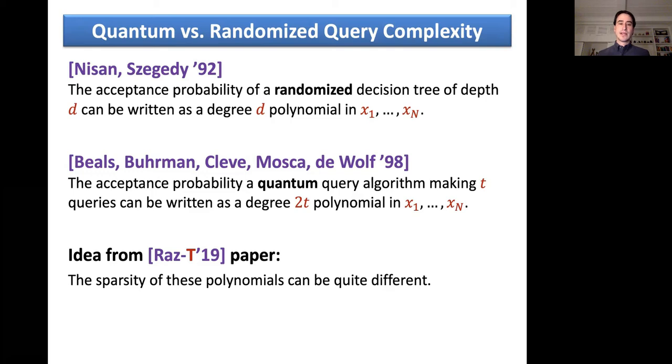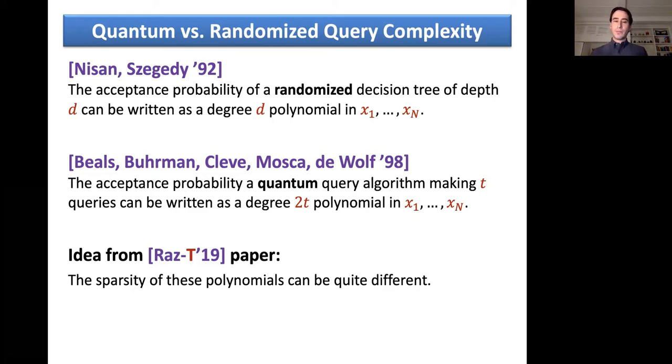In both cases, the acceptance probability of a query algorithm making few queries can be captured by a low-degree polynomial. So it seems that low-degree polynomials don't capture the difference between the randomized and the quantum model. Both of them are captured by low-degree polynomials.